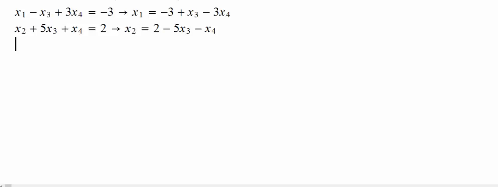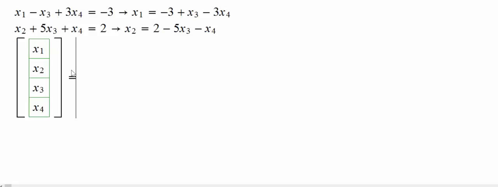That is, we wrote our basic variables in terms of free variables, and now remember that we are trying to solve for the column x1, x2, x3, x4. So here I wrote that column matrix for you.